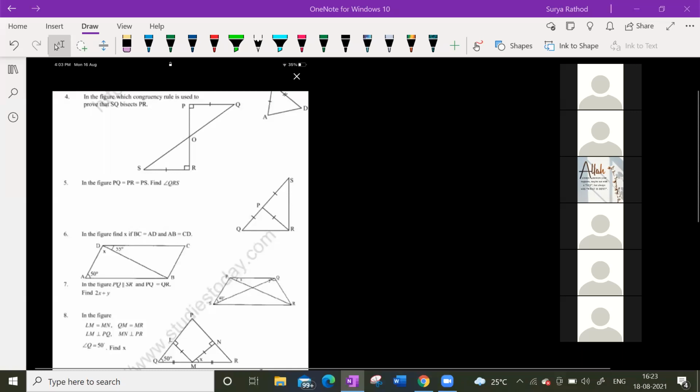Tell me the reason. Sir, we know that angle SRO and angle QPO are equal as they are right angles, and also side SR and side PQ are equal. So, sir, based on this, we can say that PQ and SR are parallel to each other, and SQ is the transversal.